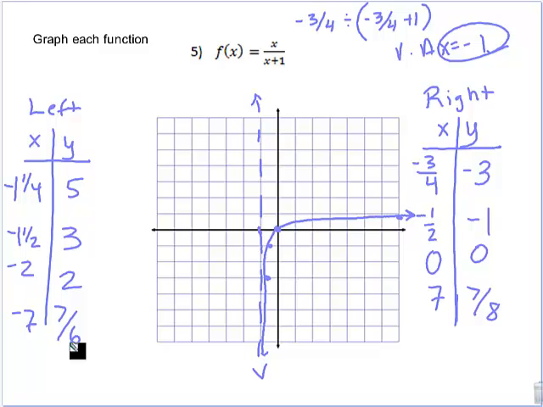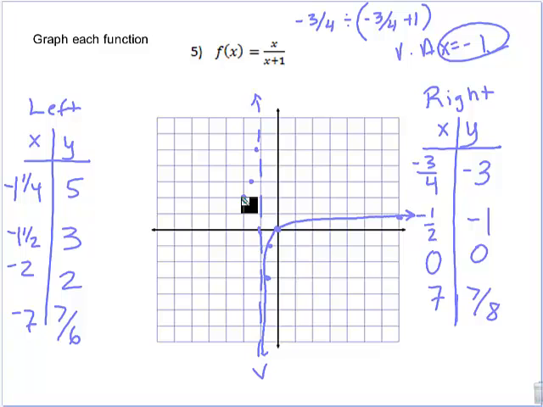So negative 1 1/4, so we're close to the line, and we're up at 5. So about right there. Negative 1 1/2 and 3. So about there. Negative 2, positive 2.